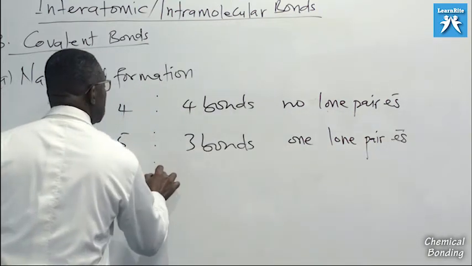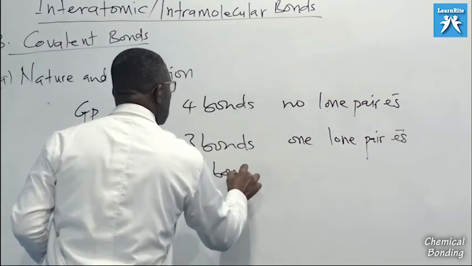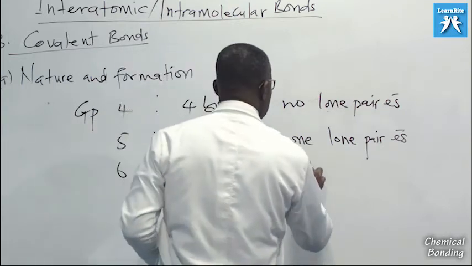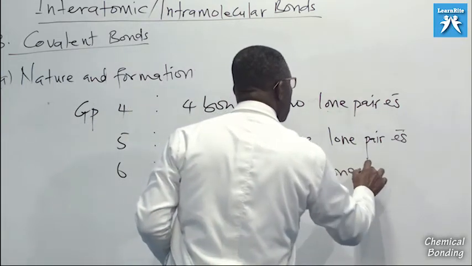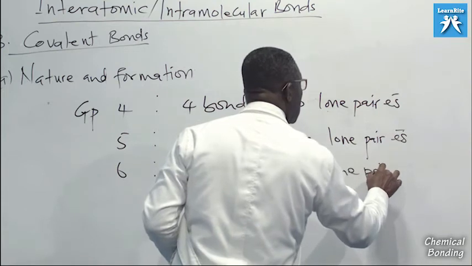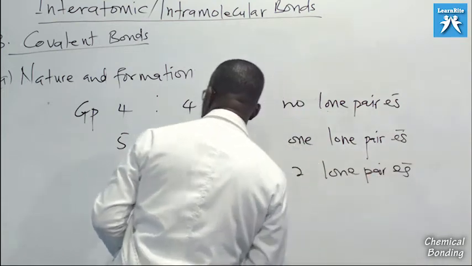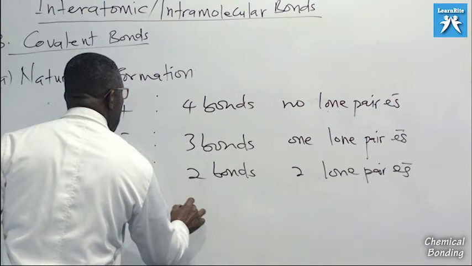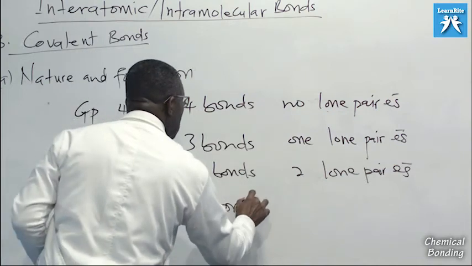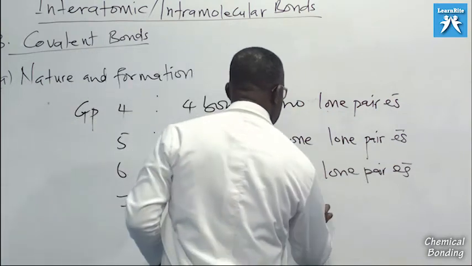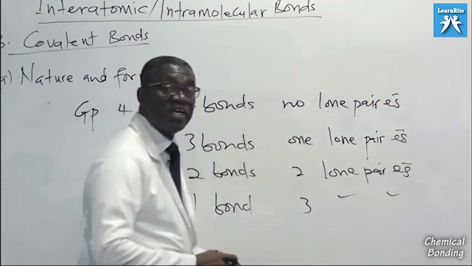Group 6 forms 2 bonds, with 2 lone pairs of electrons. And then group 7 will form 1 bond, and we'll have 3 lone pairs of electrons.